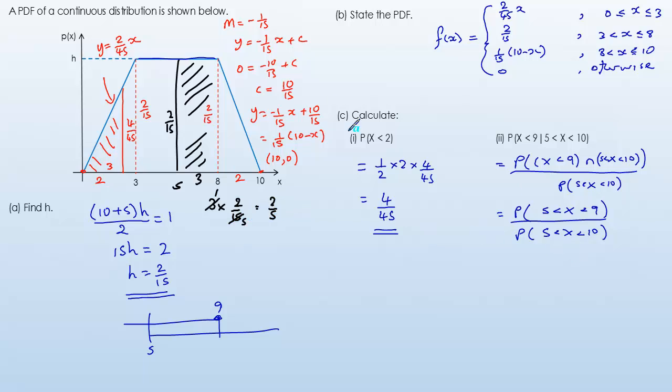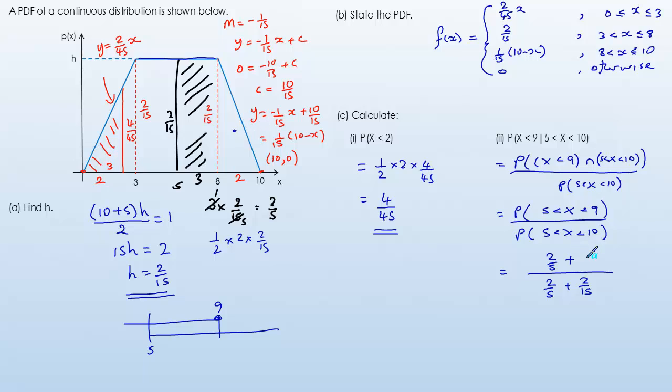So they both contain that. So that's going to be 2/5 plus, and 2/5 plus. Now if we go all the way to 10, we need this triangle here. So half times 2 times 2/15 is just 2/15.